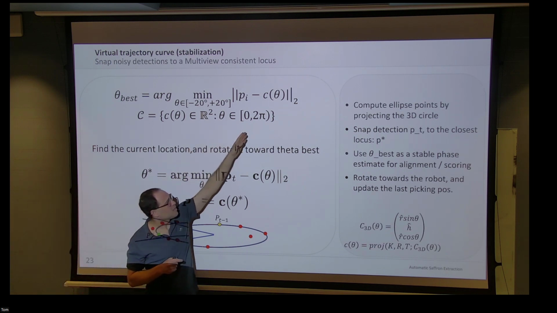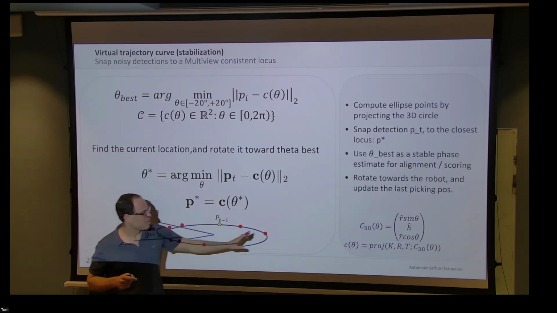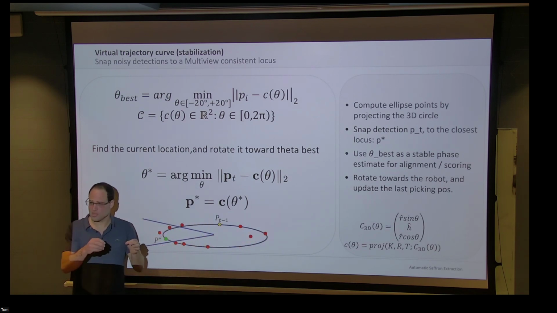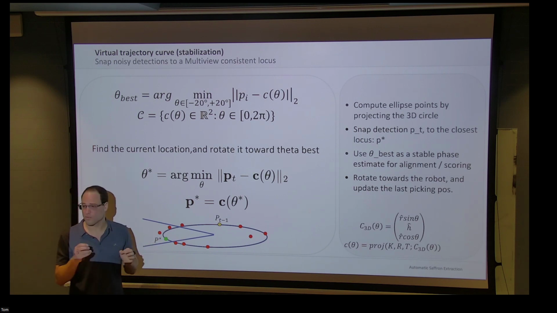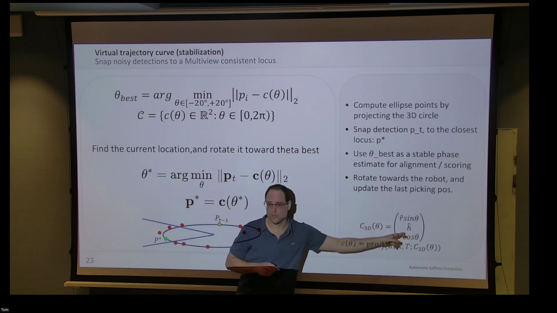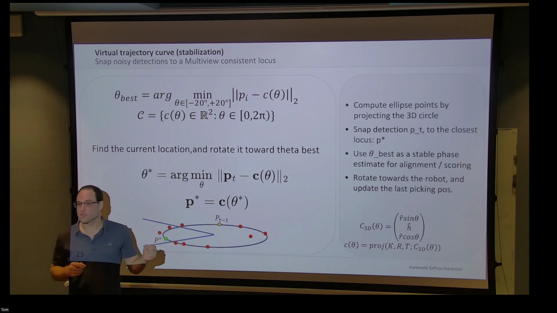Okay, let's see what is C of theta. I need to explain it. C3D is just R sin theta, R cos theta, and H. This is the 3D position of a single point. You just give me the theta and the R and H that we estimated, and I can tell you exactly where it is in the world already.